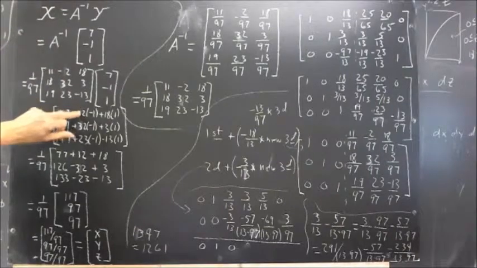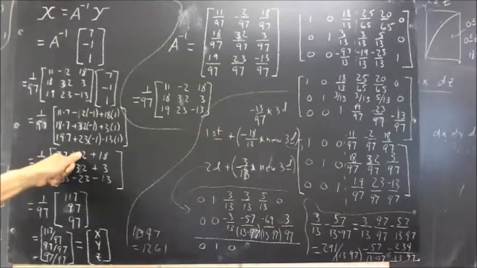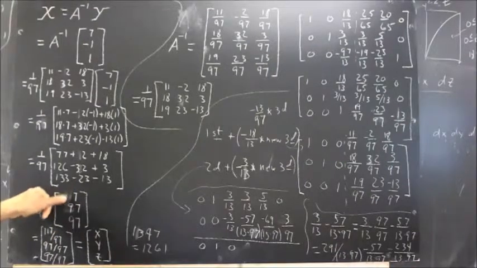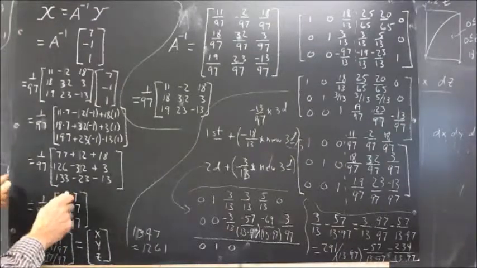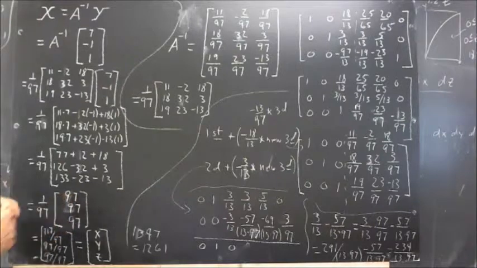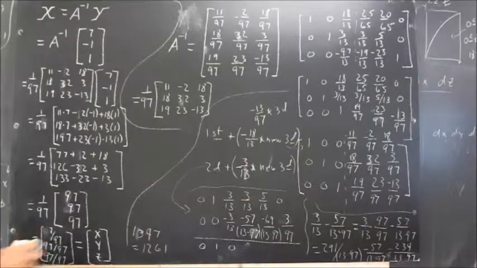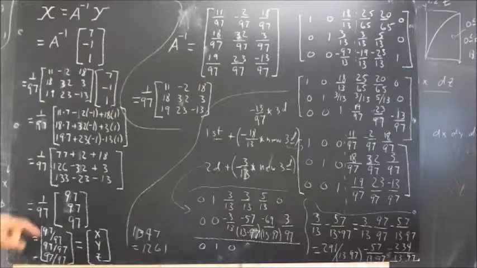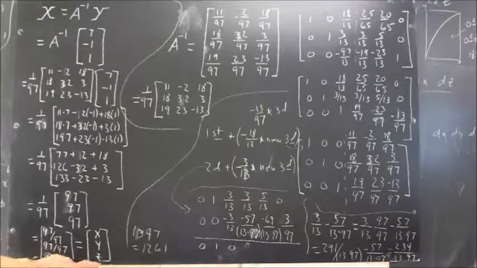That's going to change this to a 2, change this to 2, and the effect is, by gosh, we're going to get 97 here. So now, instead of 117, we've got 97. And look at what happened. We've got 97 over 97, 97 over 97, 97 over 97. That's 1, 1, 1. Means x equals 1, y equals 1, z equals 1.